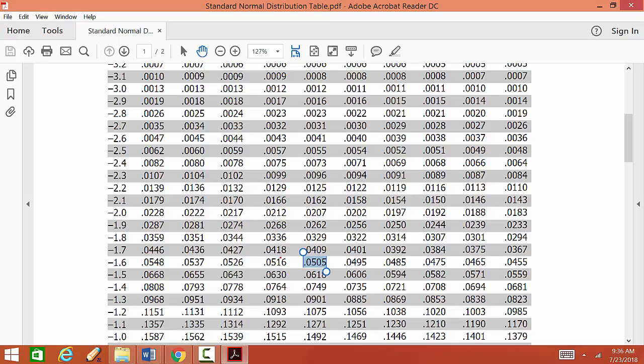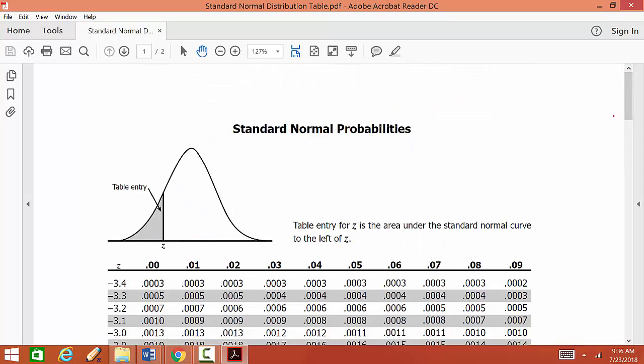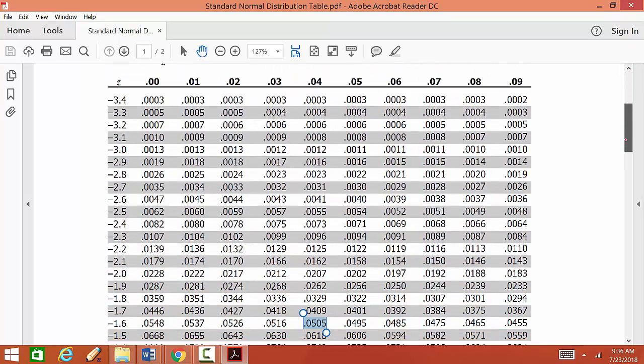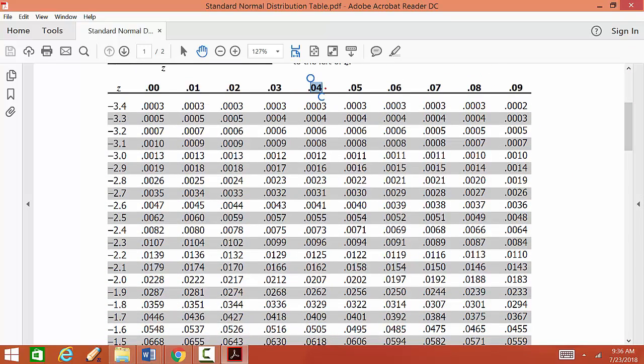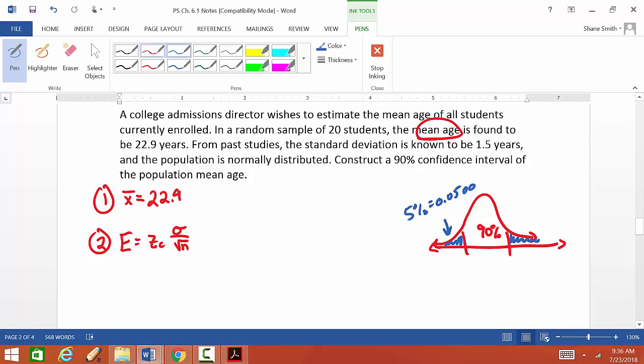The 5th percentile z-score is negative 1.645 because this is negative 1.64, and negative 1.65. So it's right in between the two. So it's negative 1.645 and 1.645. And as I always say, I use the positive. Standard deviation is 1.5.